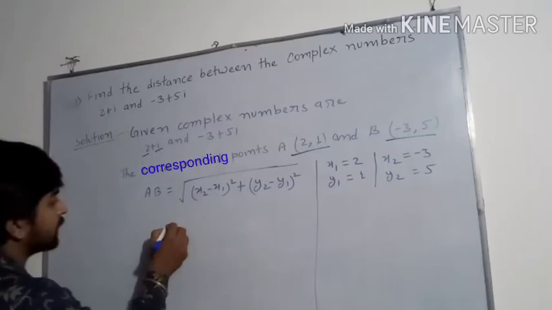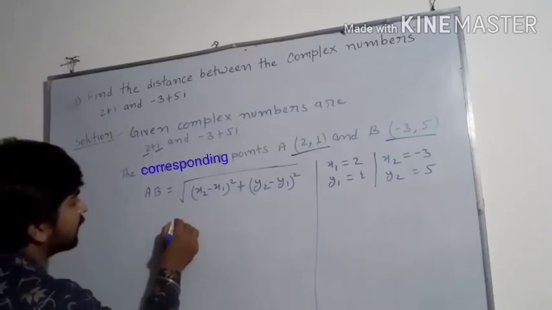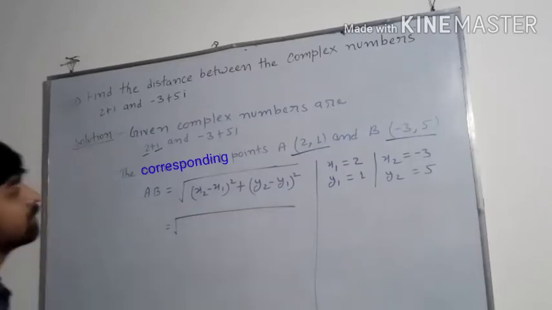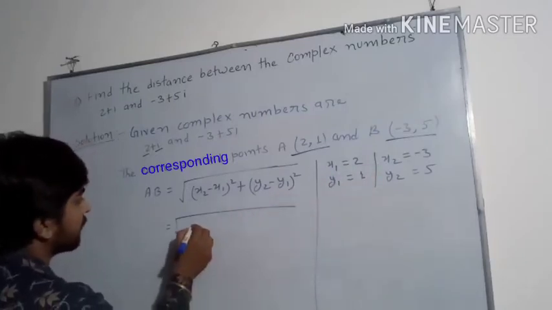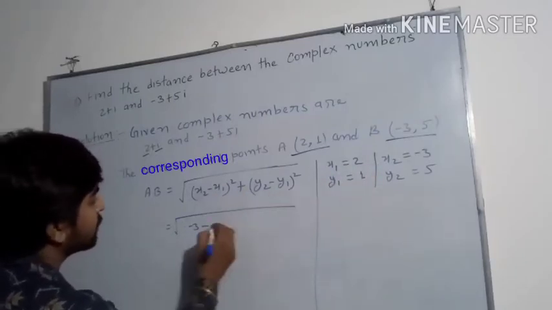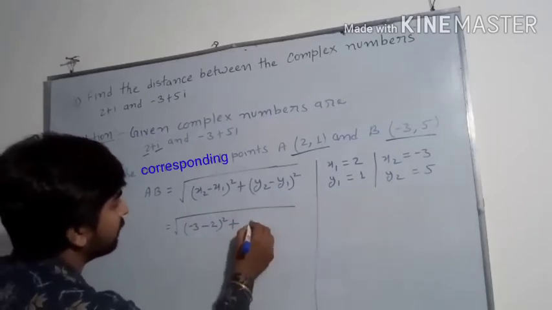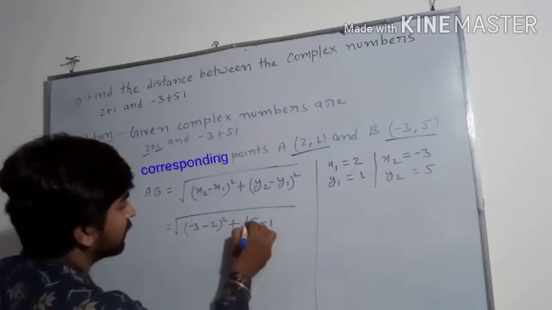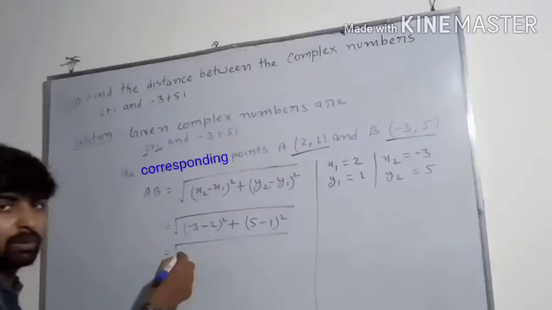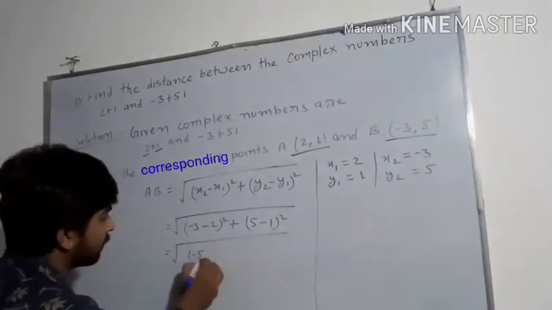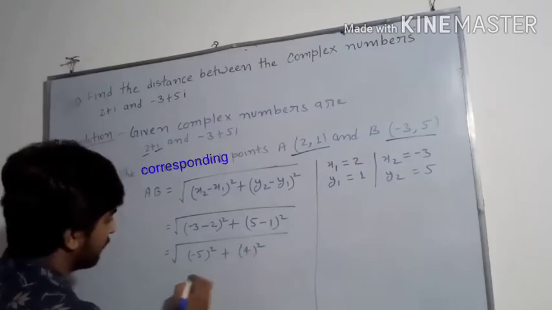And now putting these values in this distance formula, we will get the distance between A and B, meaning the given 2 points. x2 is minus 3, minus x1 which is 2, whole square, plus y2 is 5 and y1 is 1, whole square. Minus 3 minus 2 equals minus 5, whole square, plus 5 minus 1 equals 4, whole square.